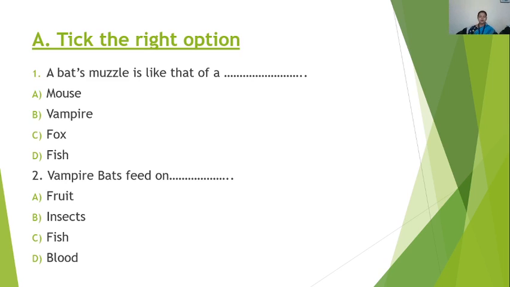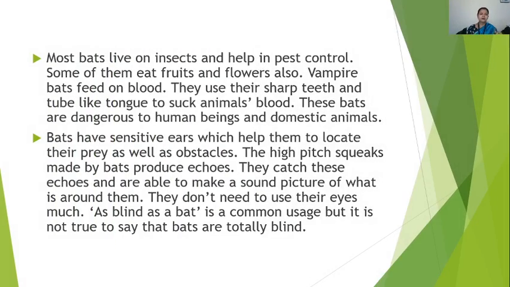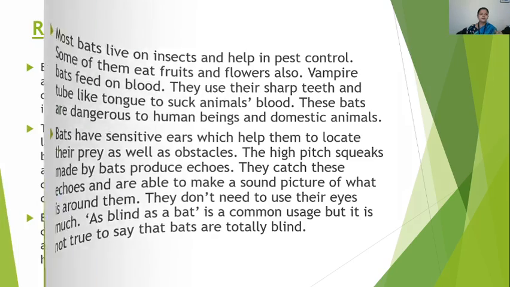Exercise A, tick the right option. A bat's muzzle is like that of a... So a bat's muzzle is like which animal? Mouse, vampire, fox or fish? Just think about it, we have read it in the very first stanza. Did you?